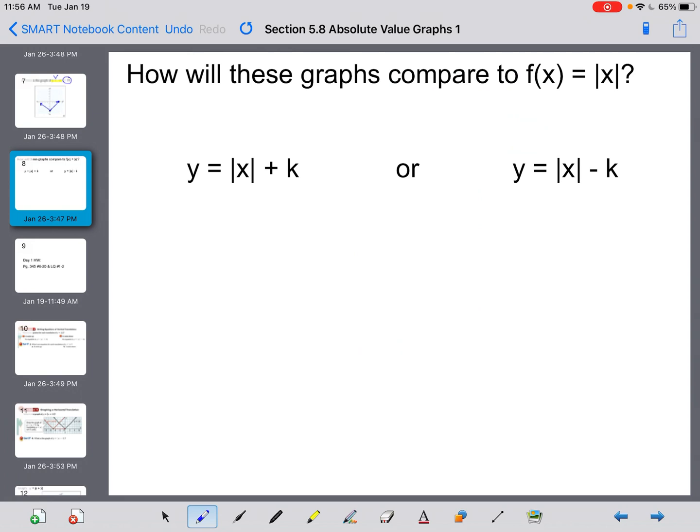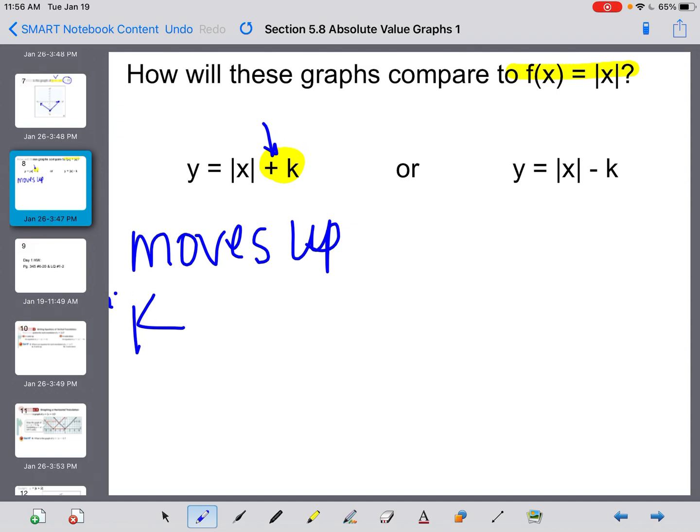Okay. How do these graphs below compare to our parent function? If I'm adding k, because it's adding, that means up. So this actually moves up k units. Whatever number is there is how far you'll move up.